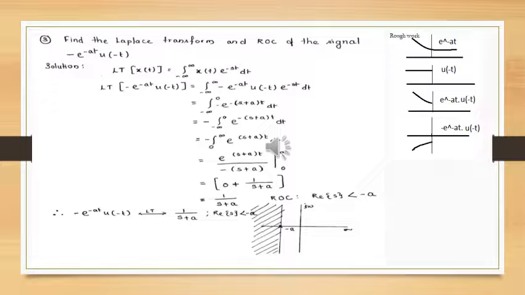Solving the integral, we have e raised to s plus a into t divided by s plus a. The whole expression is having a negative sign and the limits are varying from 0 to infinity.